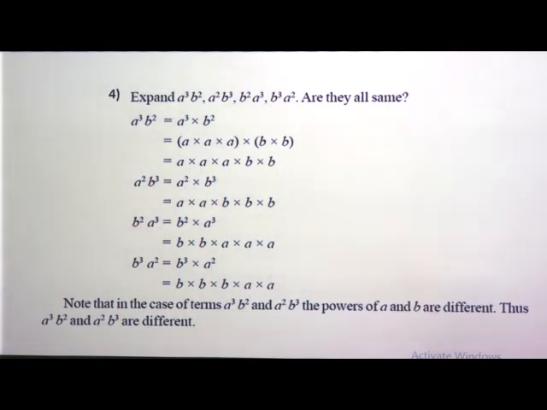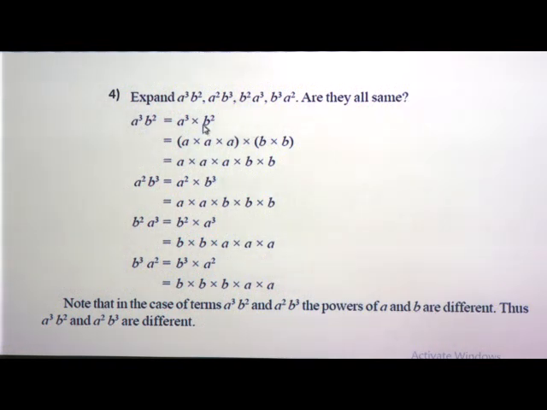Now, one more example. That was with numbers; we will do one with variables. Expand a cube b square, a square b cube, b square a cube, b cube a square. Because these are different terms, are they all same?